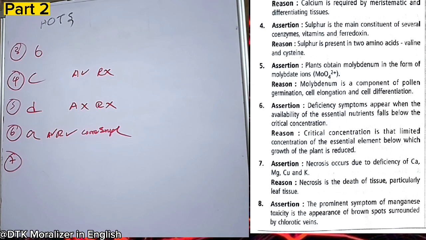Now question number 7. Necrosis occurs due to deficiency of calcium, magnesium, copper and potassium. Yes, right. Necrosis is the death of tissues, particularly leaf tissue.